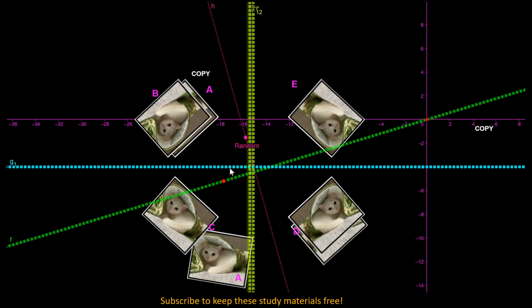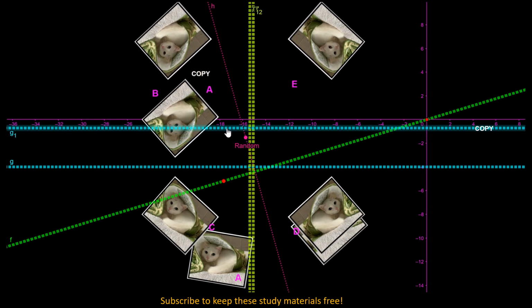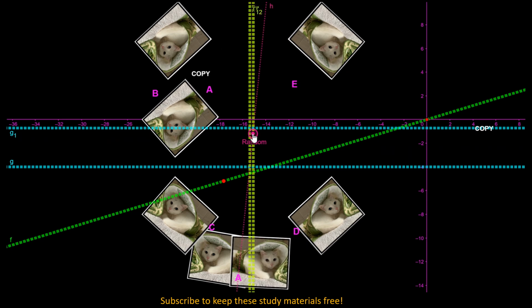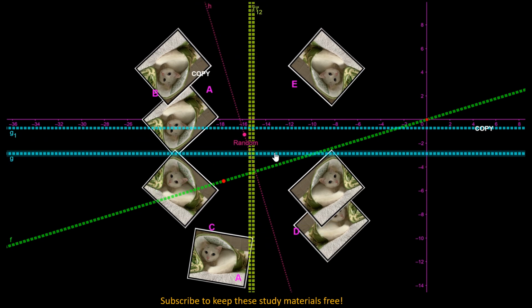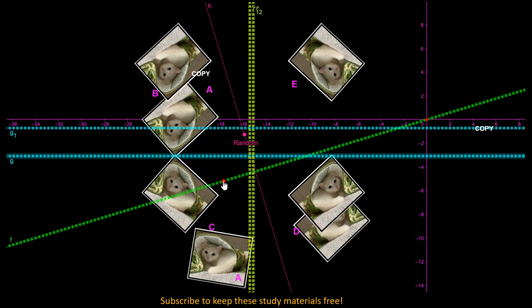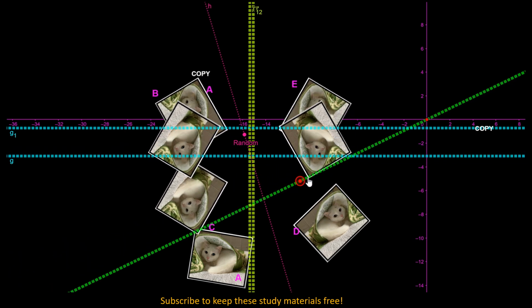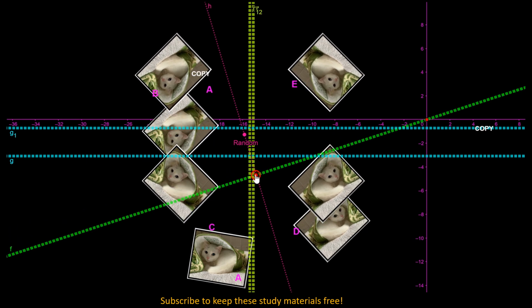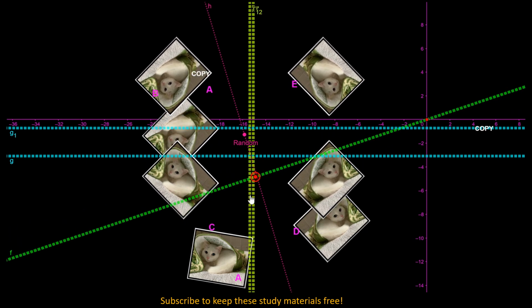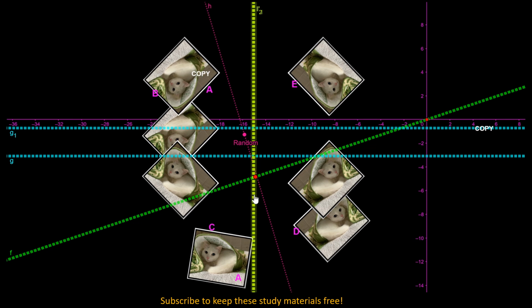In this quick little clip, we are showing you how all of these reflections, rotations, and slides would work with an image. If you see down at the bottom, you'll see labeled A our little mascot, our little white kitty cat.